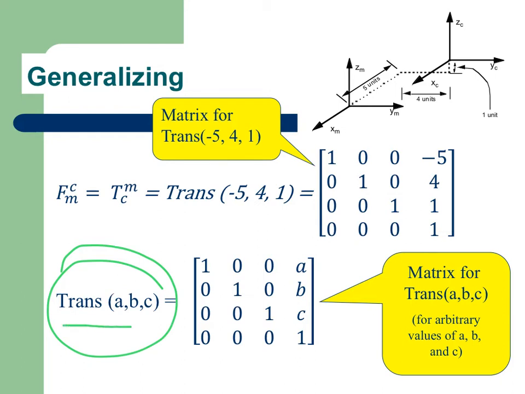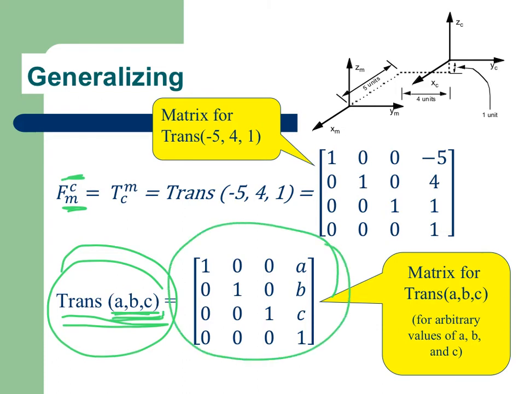But if I moved my M frame into alignment with the C frame simply by doing a translation in the X, Y, or Z direction, or some combination of X, Y, and Z movement, then the corresponding matrix for this is this thing.